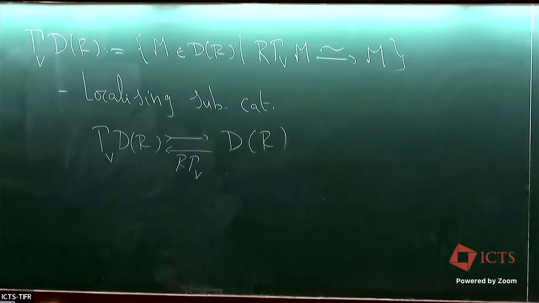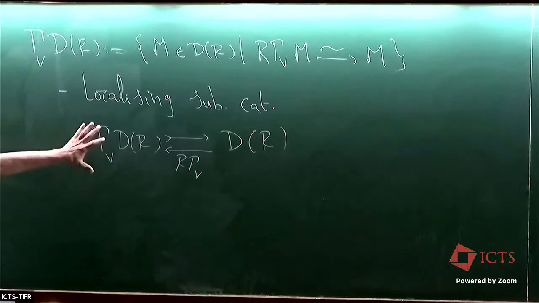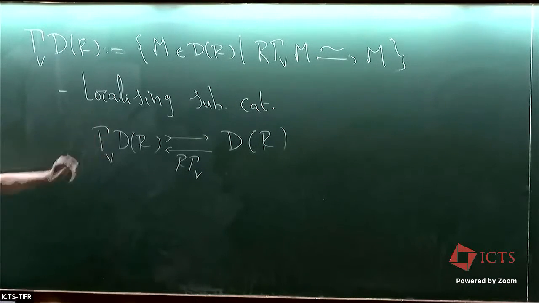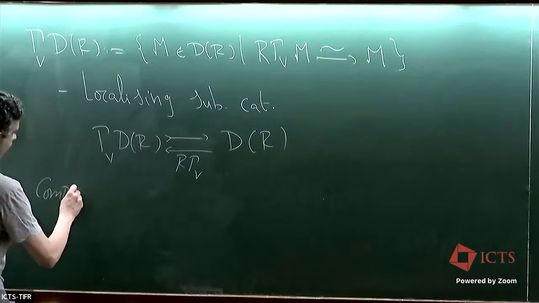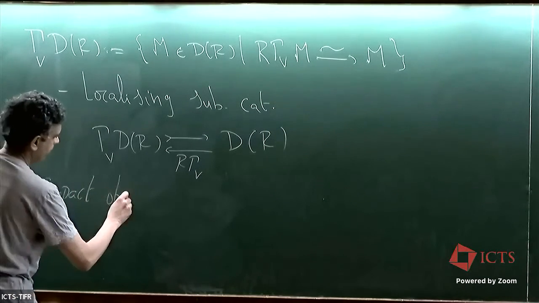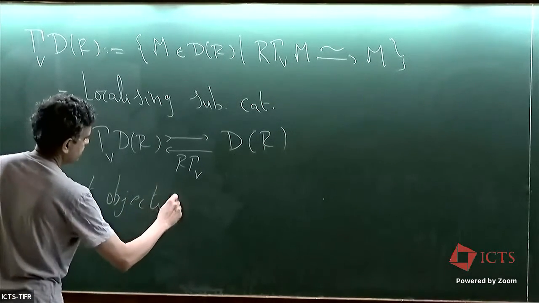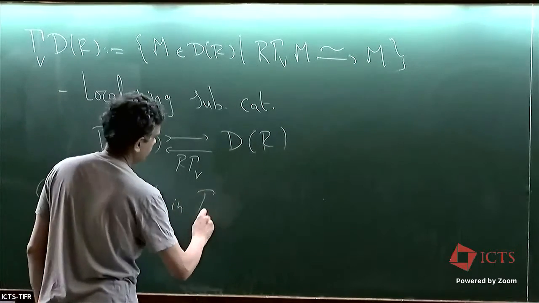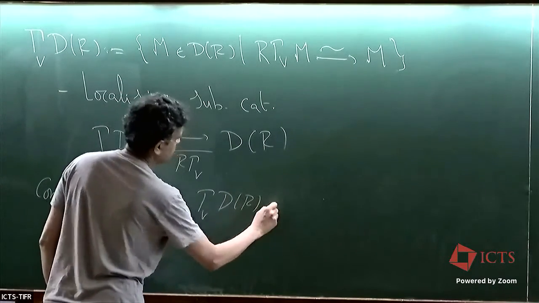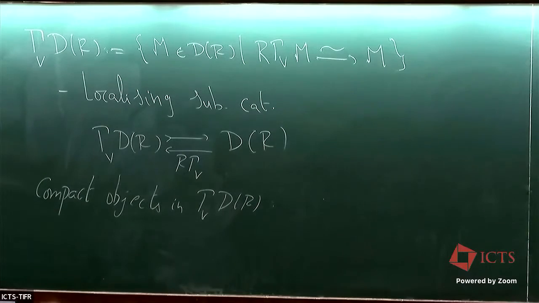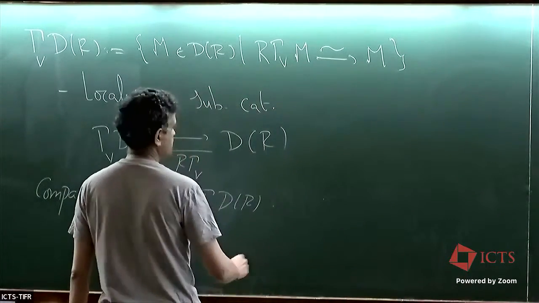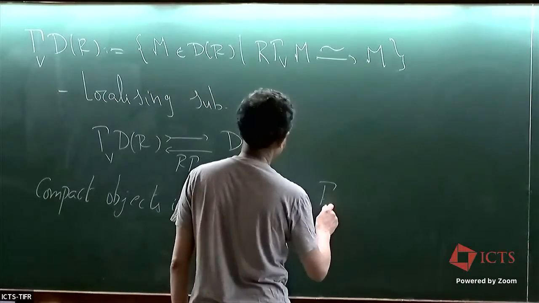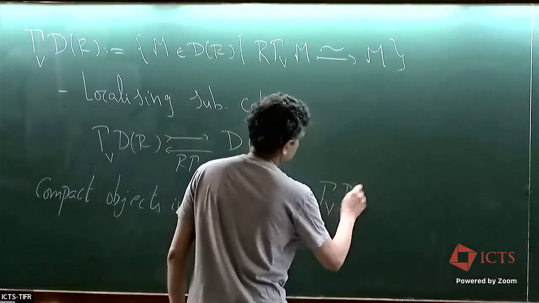Okay. Now, this has even better properties too, so you can even identify the compact objects in this category. Let me describe the compact objects. Let me just say what it is, and I'll say more.